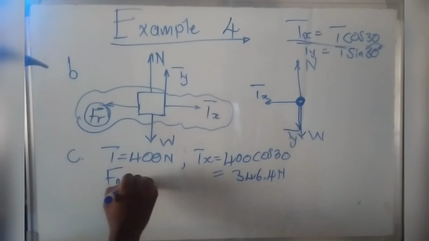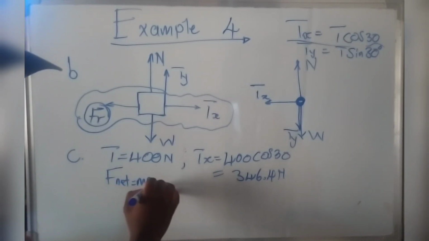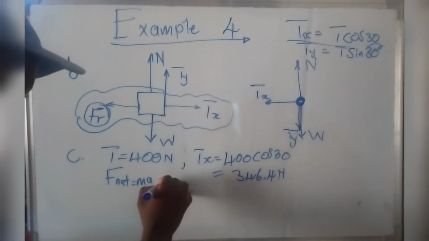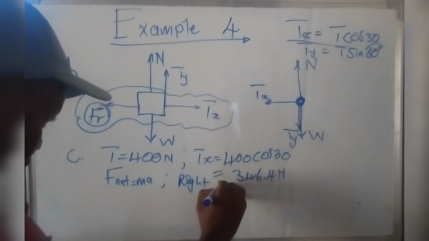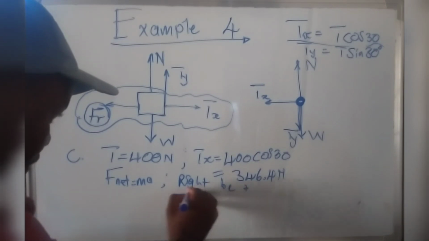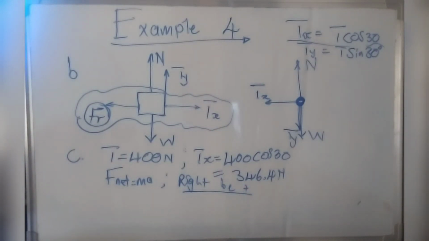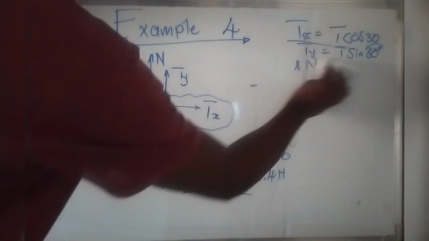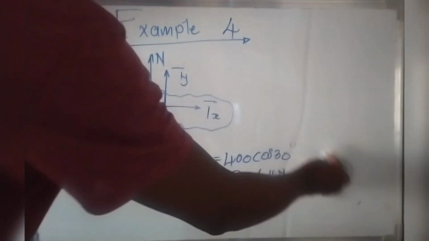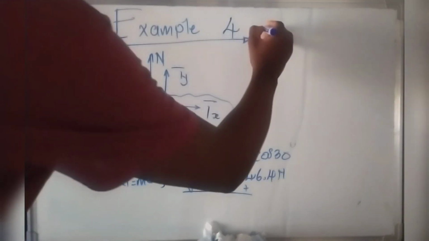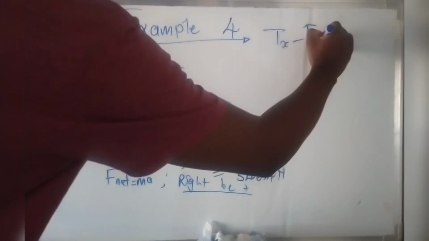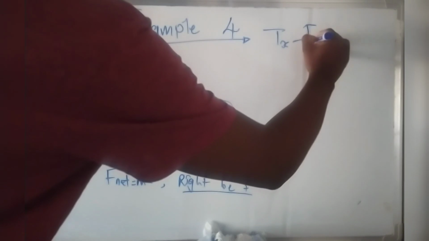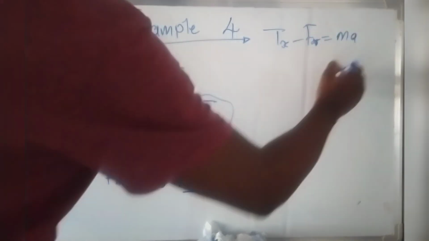And then after we have done that, we can say F net is equal to ma. Force is in the horizontal, and we say let right be positive. So our F net is comprised of Tx minus Fr, not Fx, is equal to ma.